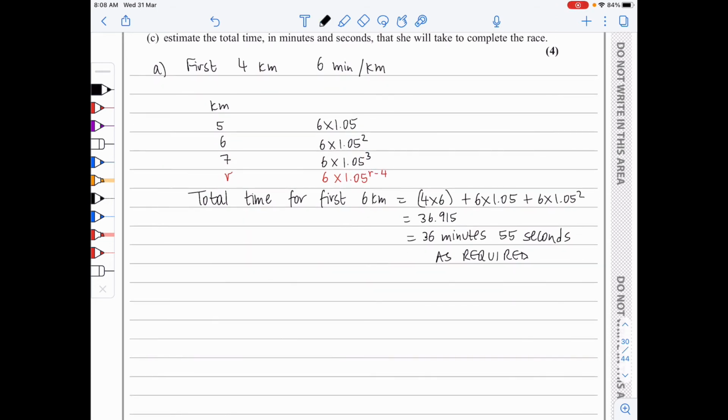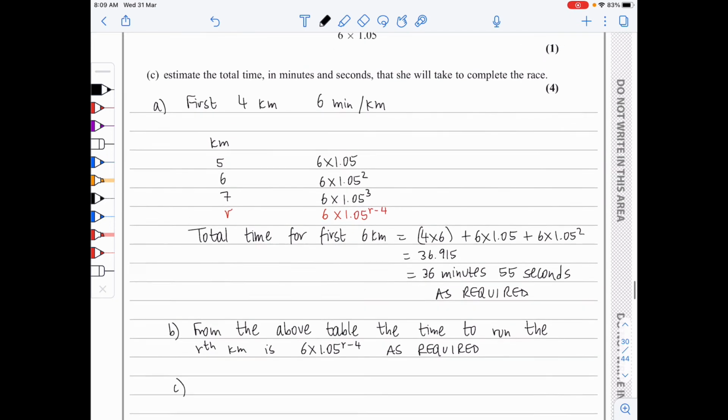So I'm just going to say that from the above table, the time to run the rth kilometer is 6 times 1.05 to the r minus 4 as required. So the justification for me getting the mark will be the table and the explanation here.